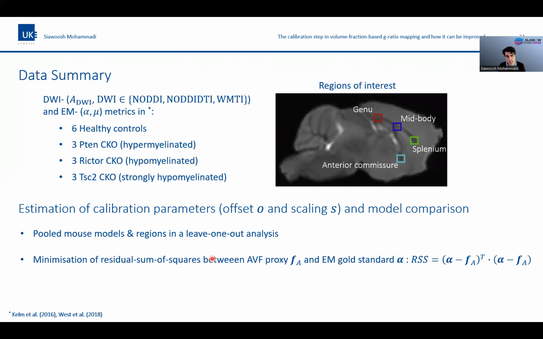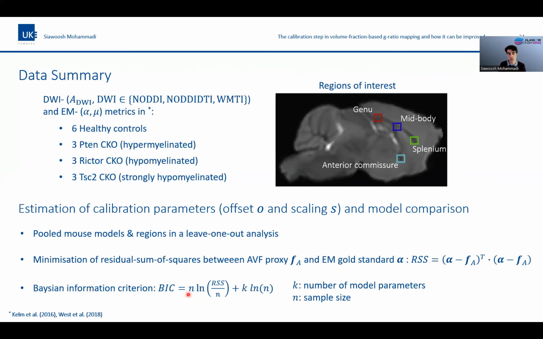As said before, we will look at the residual sum of squares between the histologically measured axon volume fraction and the MRI-based one, and to account for the degrees of freedom of the different calibration models, we will use the Bayesian information criterion, where K is the number of model parameters, which is 0 for no calibration, and 2 for linear calibration.